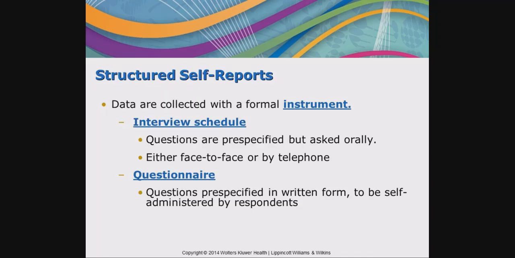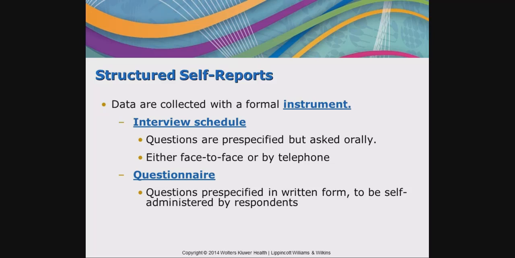So let's go back to those self-reports for just a minute. Because there are structured self-reports, and quantitative research uses these extensively. And the more structured, certainly the more accurate the data. And remember, the target data is determined in advance of the data collection, so you're not really exploring issues with these.